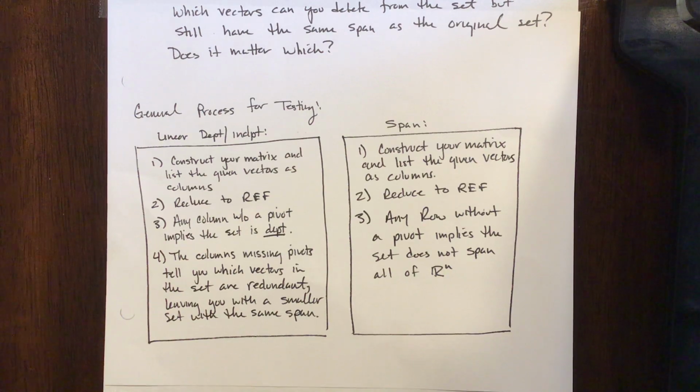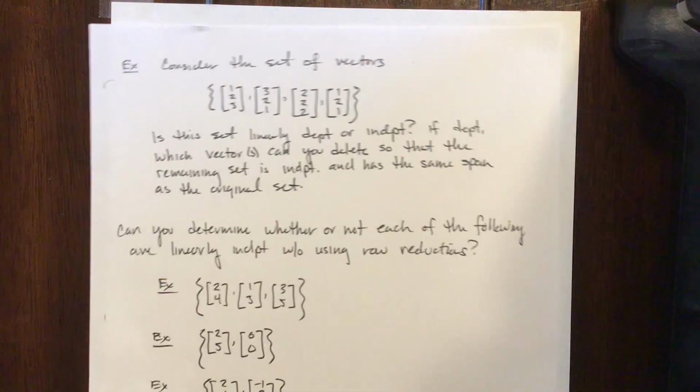Any row without a pivot implies that the set does not span all of Rn. So for dependence and independence, you're looking for columns with pivots, and with span, you're looking for rows with pivots. All right, so let's take a look at the next page in our notes.